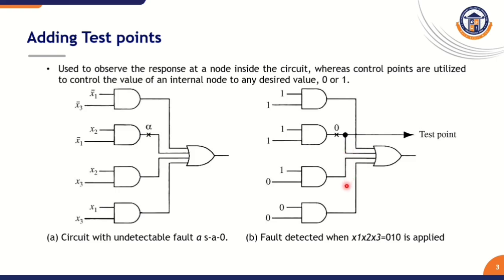Part A represents an undetectable stuck-at 0 fault at this point. If we add an extra test point here, we can easily observe the fault. This is the concept of adding test points.